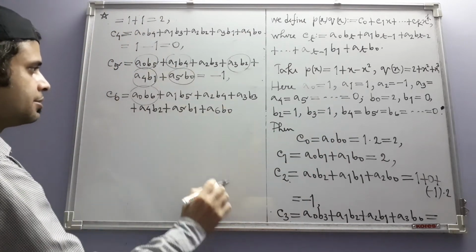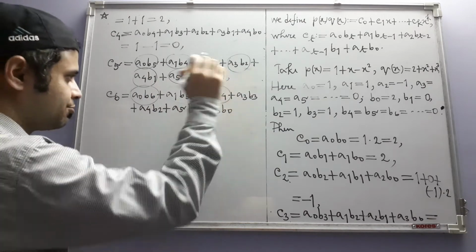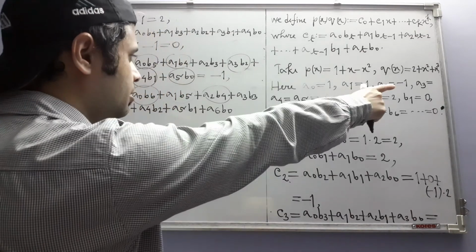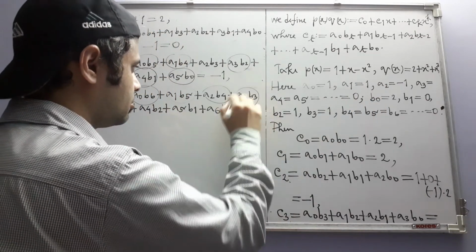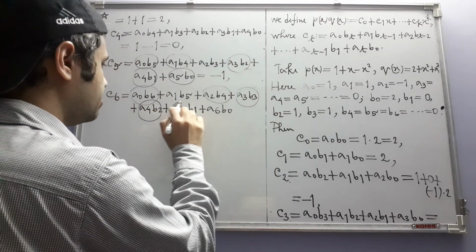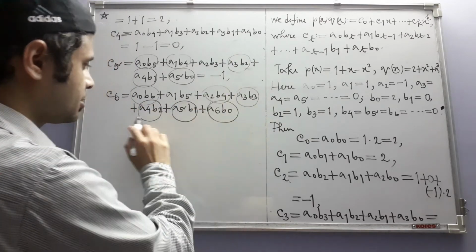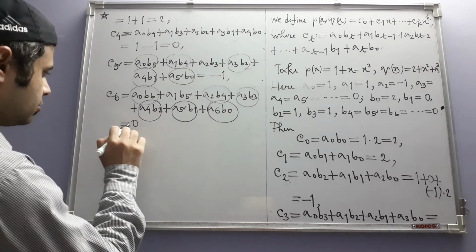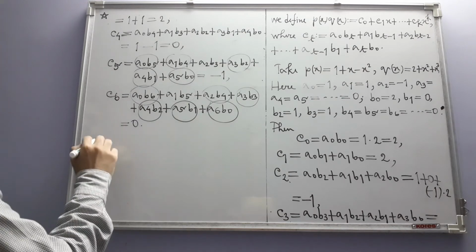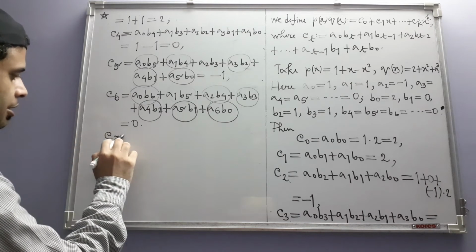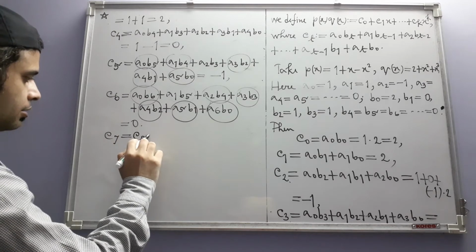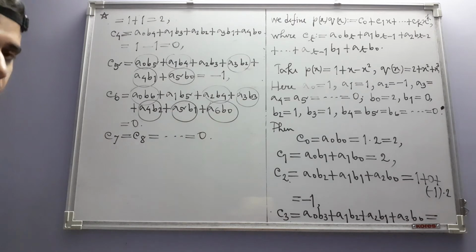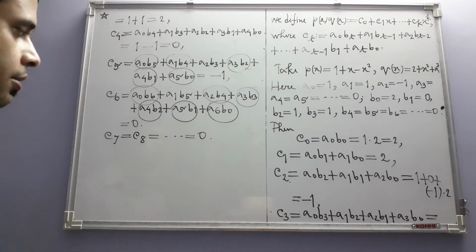So B6 is 0, B5 is 0, B4 is 0. A starts becoming 0 from 3. So this is 0, this is 0, this is 0 and this is 0 because of all the A3, A4, A5, A6 etc. This is equal to 0. And if you continue the calculation by not actually doing them but thinking of them, you will see that all the Ci's with higher values of i will become 0.